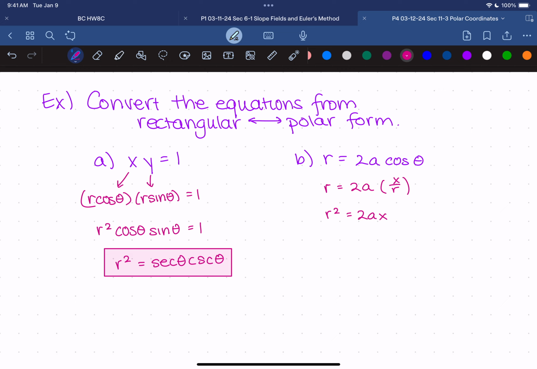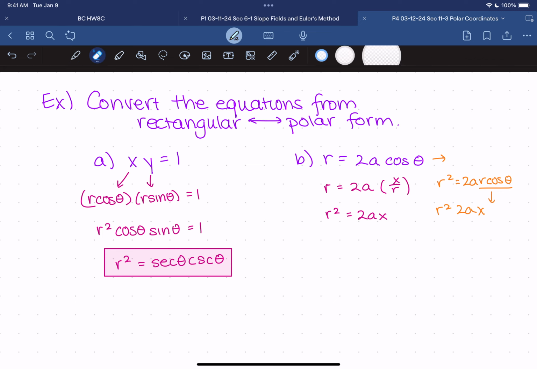Now, another way I could have done this to get to the same exact place is if I just multiply both sides by r in the beginning, I would get r squared equals 2ar cosine theta. And then we know that r cosine theta is x. You can see we get to the same exact thing. And it really took the same amount of steps.